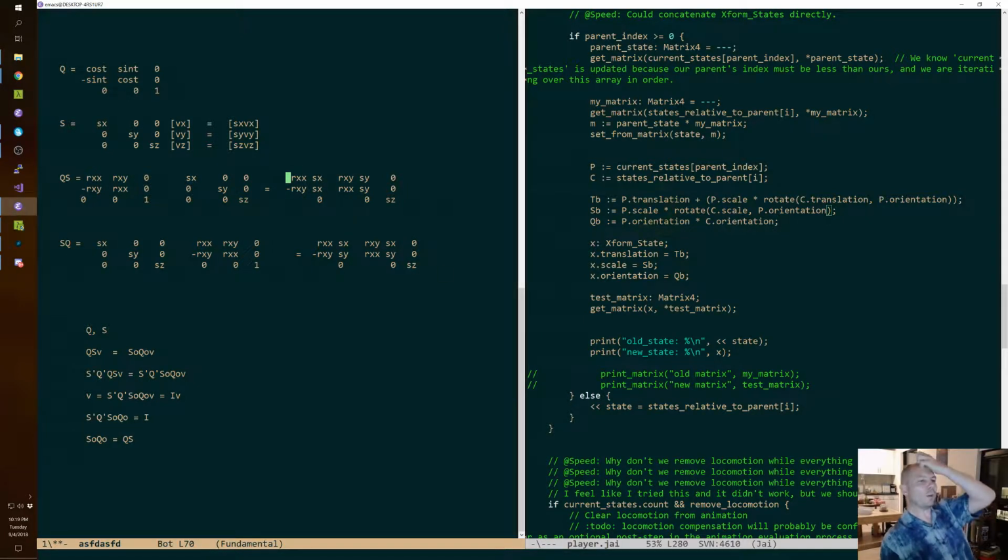Yeah, so the thing is, when we go all the way to matrix and then back here, we're doing essentially a decomp operation that decodes this by looking at the magnitude of whatever rotation you would get out of this and then saying the scale is the rest of the factor, right? Whatever I do here would not really be cheaper than that, then maybe I'm not going to save anything by trying to do this. I mean, it might be a little cheaper because we don't have to figure out the translation.